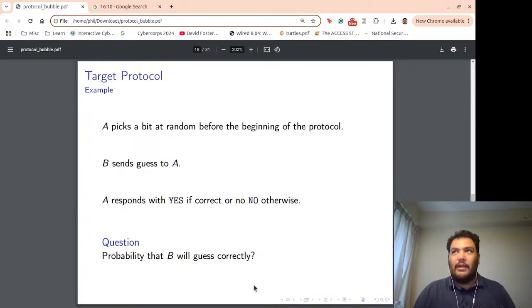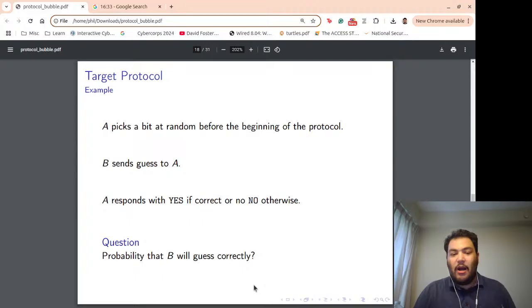You can think of it maybe as a mechanism to prevent, for example, serving bots. You just want to make it harder to serve clients. So you can ask, what is the probability that Bob is going to guess correctly?